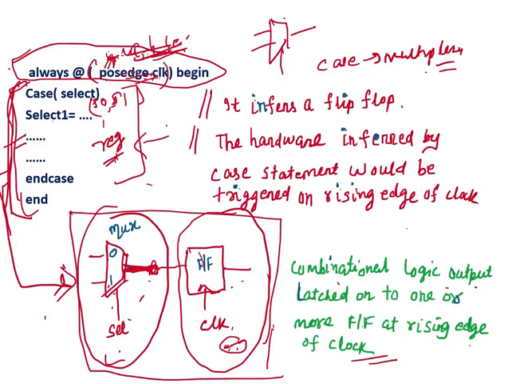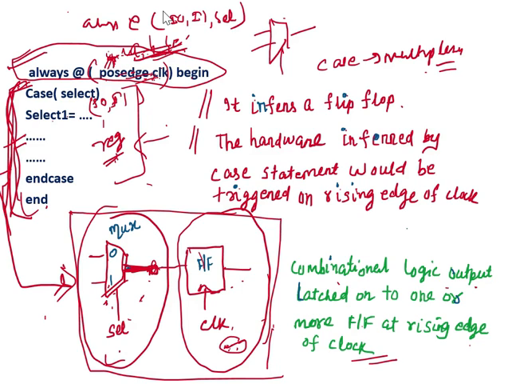If this line, always at the posedge of clock, is not included, then it is a pure combinational logic. For example, if I write always at the rate, because it is a mux circuit, right? Let's say it is I0, I1, then some select line. If I write like this and continue these statements, the case statement, then it is a pure combinational circuit.